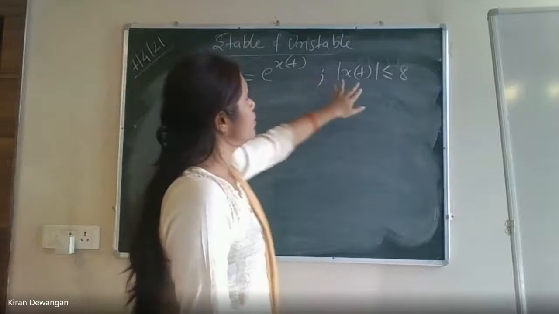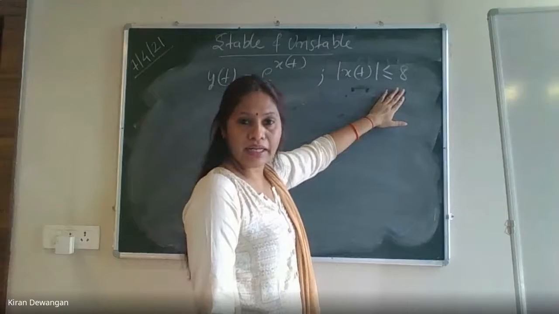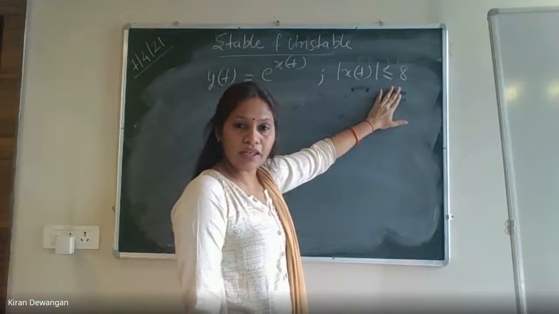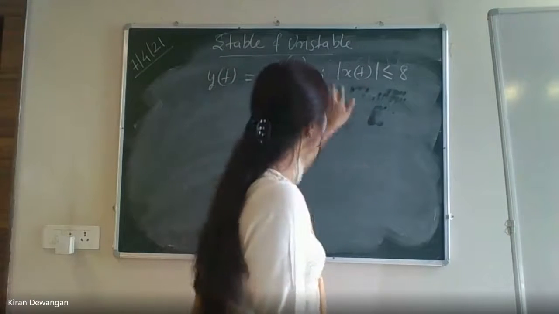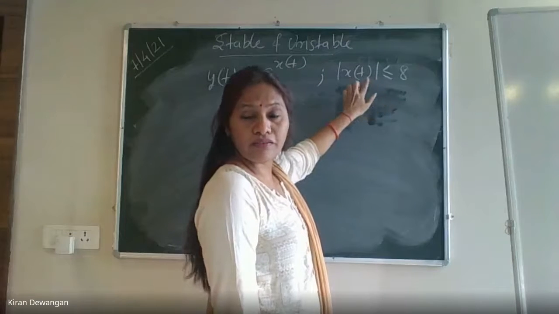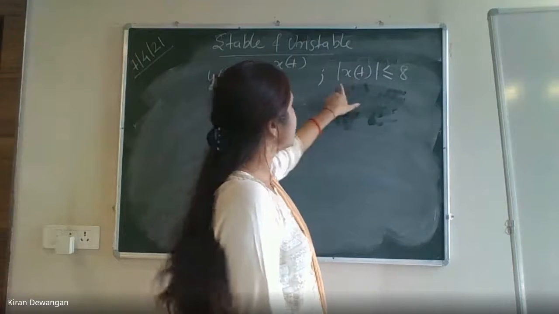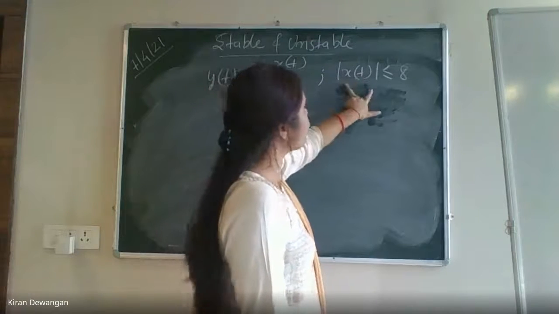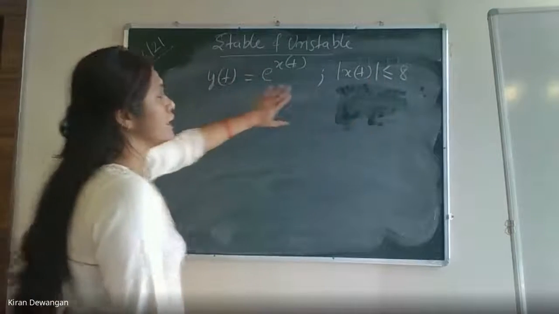Since it is given that mod of x of t is less than or equal to 8, it is directly clear that this is a bounded signal. Is this a bounded input? Tell me yes. It is a bounded input because it's directly given that mod of x of t is less than or equal to 8.